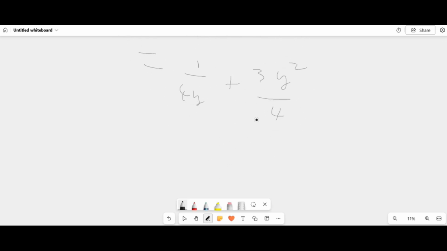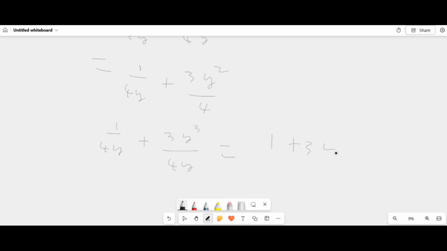Times the right hand side by y to make the denominators equal to each other. So 4y plus 3y cubed, and then 4y on the bottom. So now we can add that easily. That's just 1 plus 3y cubed over 4y.